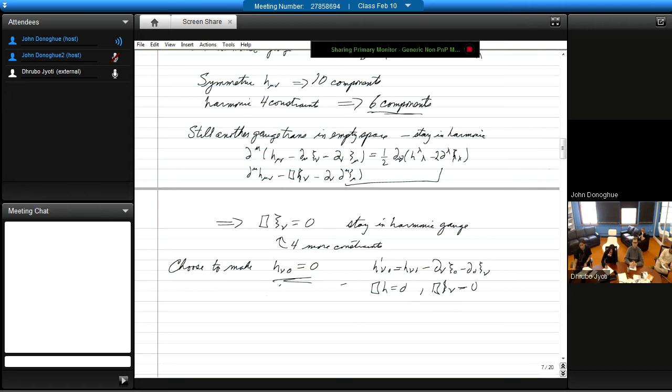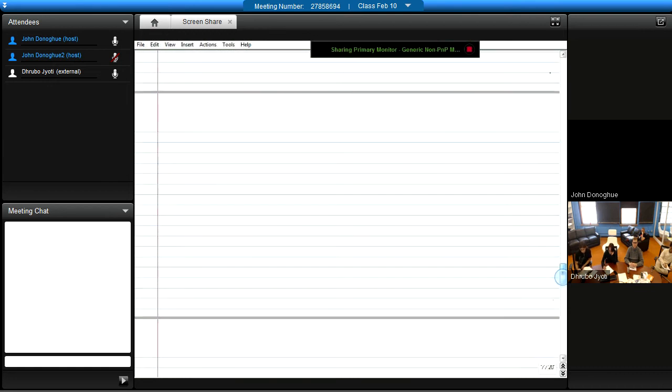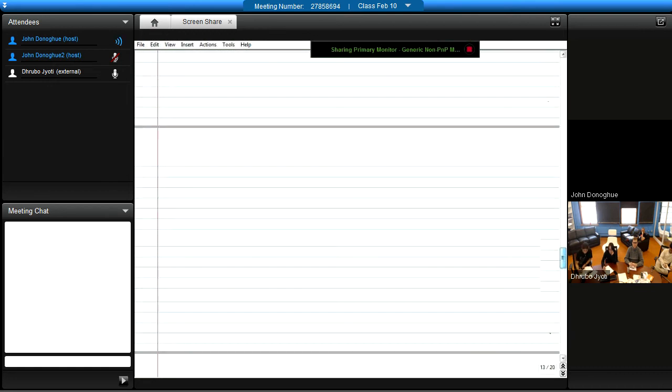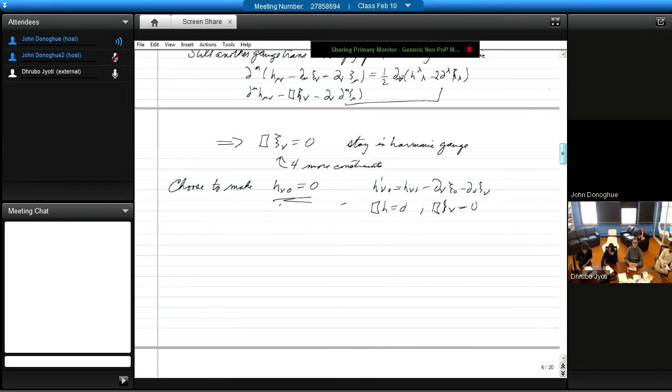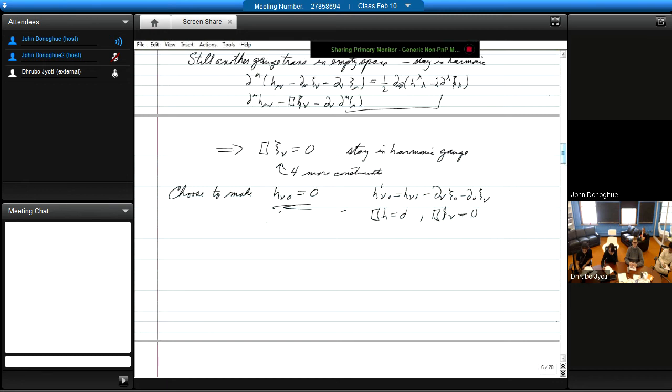You can then adjust that. Okay, so that's going to be 4 more constraints. So we're expecting to get down to 2. Let's just see how that plays out. So we're going down to 2 components.